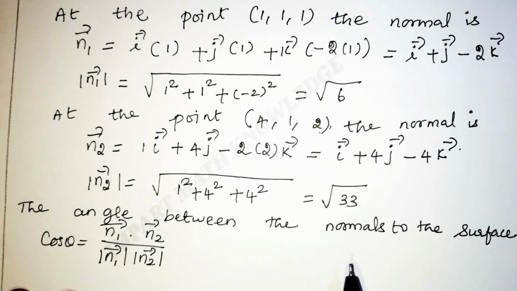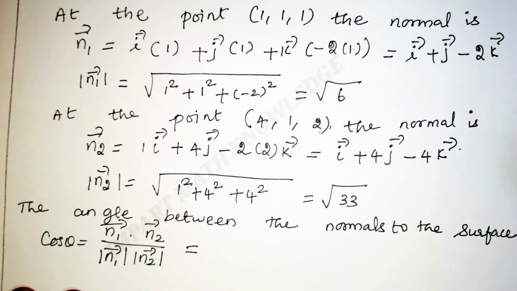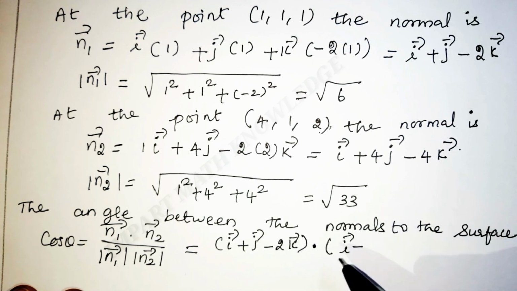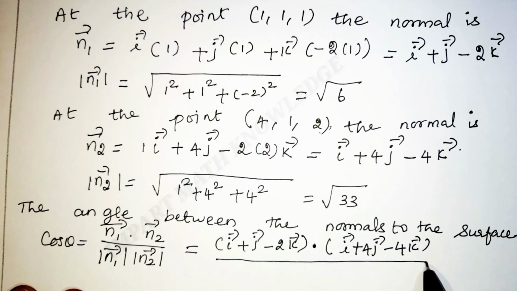Next we have to find the angle between the normals to the surface. Cos theta is equal to dot product of n1 vector, n2 vector divided by magnitude of n1 vector, n2 vector. So this is equal to n1 vector, i vector plus j vector minus 2k vector, dot n2 vector, i vector plus 4j vector minus 4k vector, whole thing divided by modulus of n1 is root 6 and modulus of n2 is root 33.